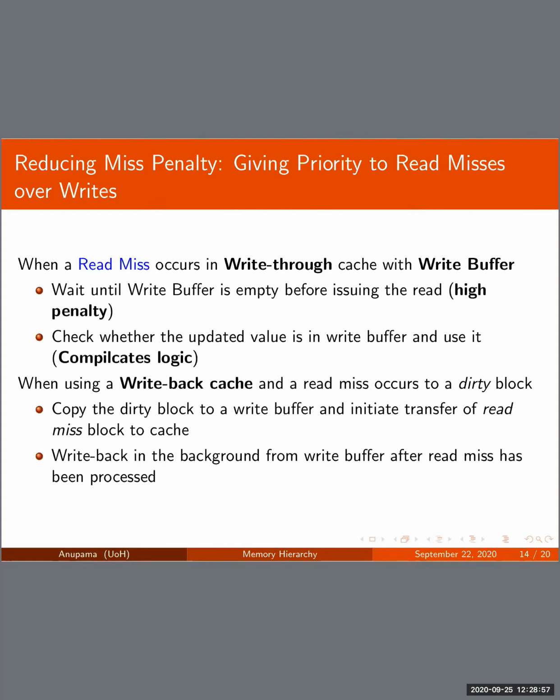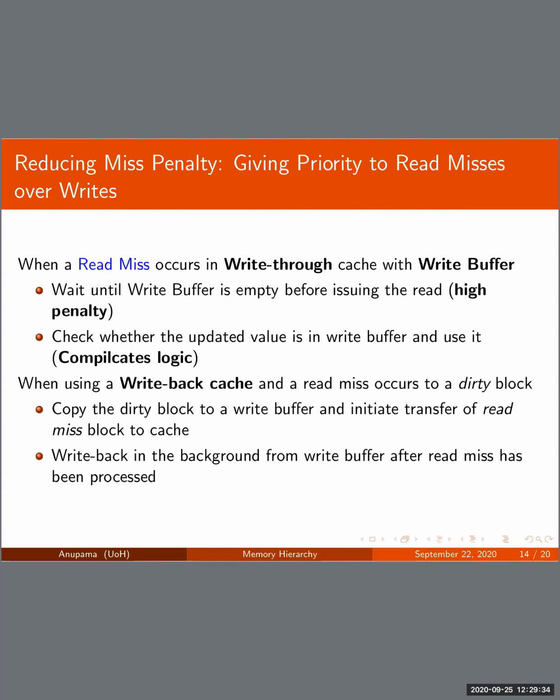Any questions on that? Okay, the second thing is when you are using a write back cache and a read miss occurs to a dirty block, which means that you have to replace the dirty block.